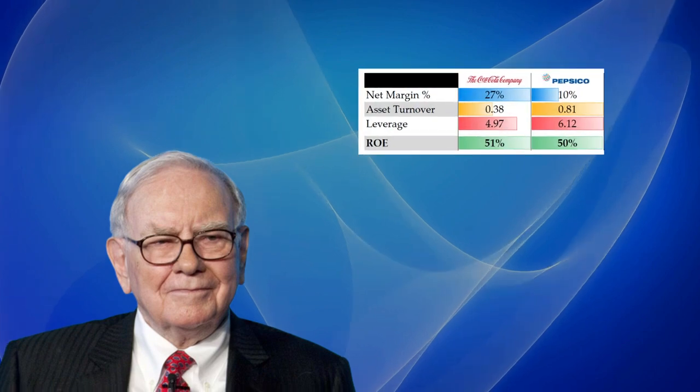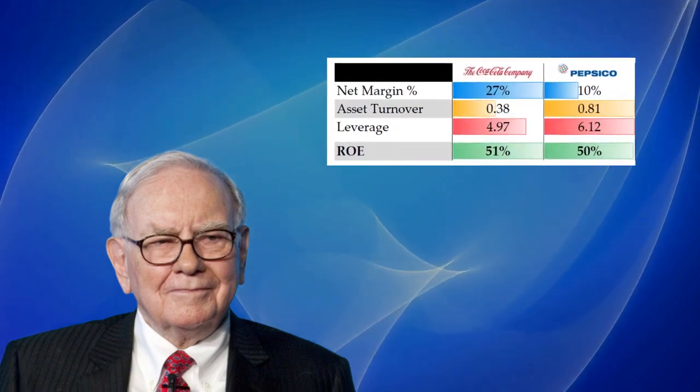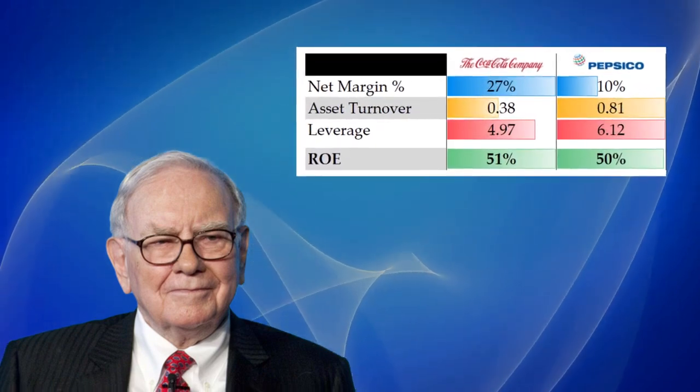Let's take Warren Buffett as an example. When he looks at a company like Coca-Cola, he isn't just interested in how much profit the company is making. He looks at the return on equity, ROE, to gauge how efficiently Coca-Cola is using its equity to generate profits. Buffett is known for preferring companies with a consistently high ROE because it usually indicates a competitive advantage.